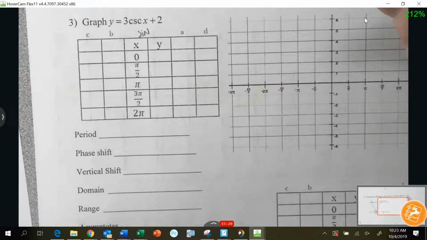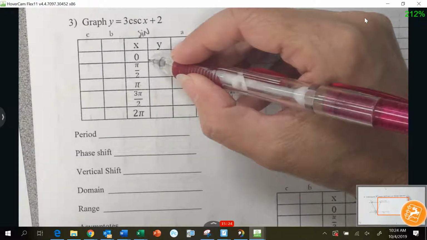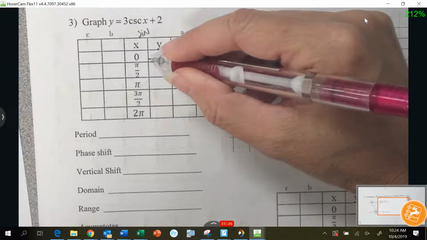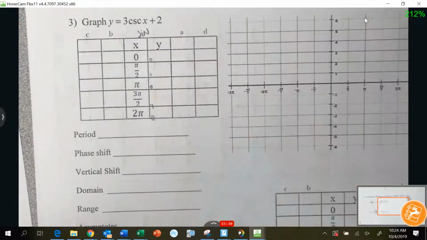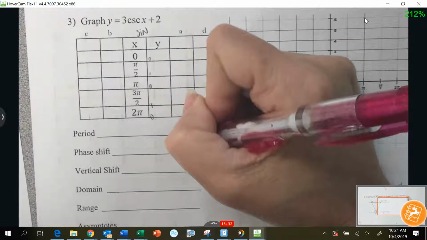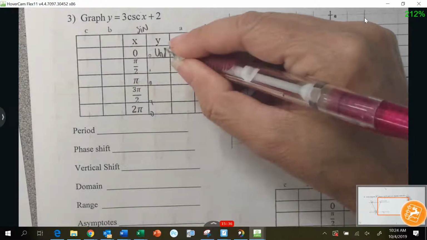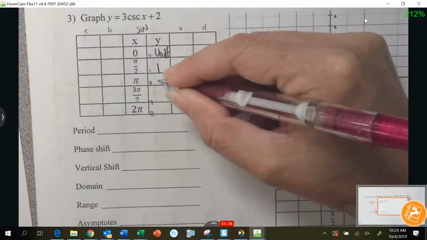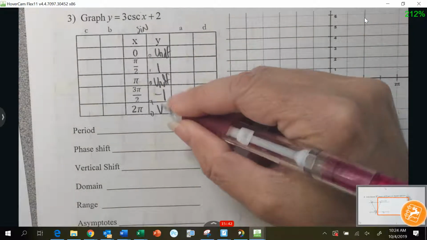And when I'm doing this, I like to throw the sine values in there really, really small so I remember what they are. Sine values are 0, 1, 0, negative 1, 0. But then in my y value, I have to flip all of those. So we'll have undefined, 1, undefined, negative 1, undefined.